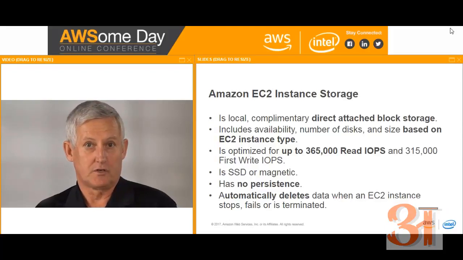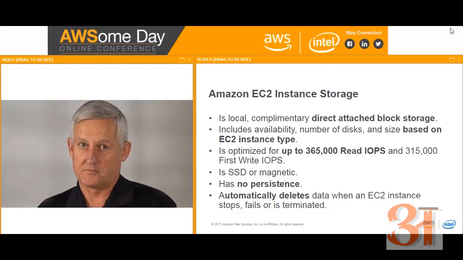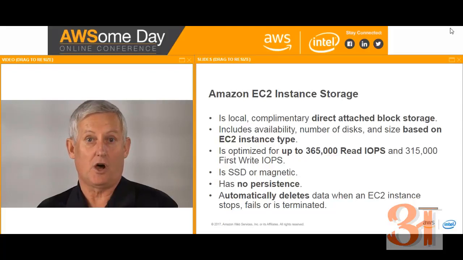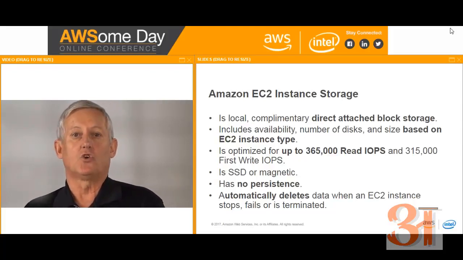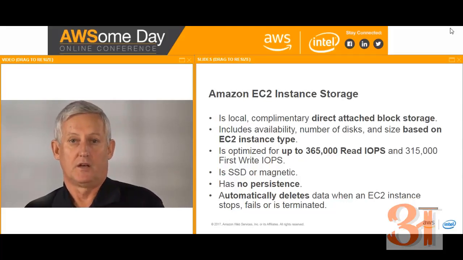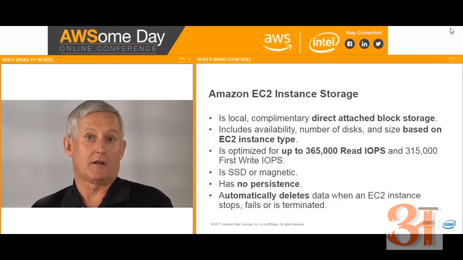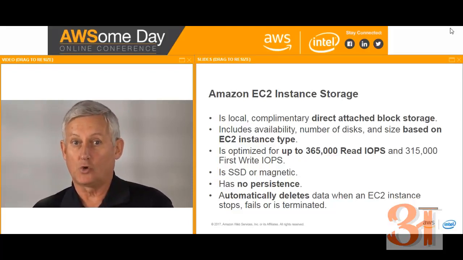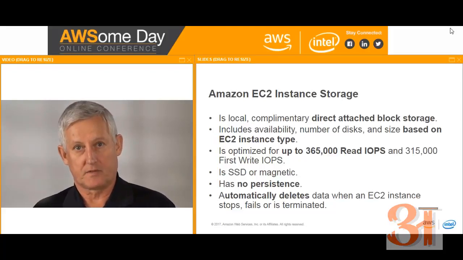EC2 Instance Storage provides temporary block-level storage for your EC2 instances. This storage is located on disks that are physically attached to the host computer running your EC2 instance. Instance Store is ideal for temporary storage of information that changes frequently, such as page files, buffers, caches, scratch data, and other temporary content, or for data that is replicated across a fleet of instances, such as a load-balanced pool of web servers.